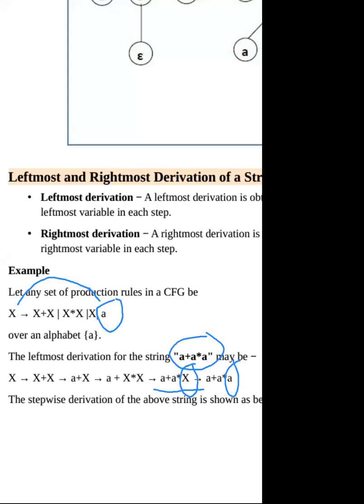This production X implies A, and put this production in the last line in place of X. We got this A. So finally you got A plus A into A. Understood, all of you? So this is called leftmost derivation. Leftmost derivation means, I again summarize, at each step we should replace the leftmost non-terminal on your right hand side.